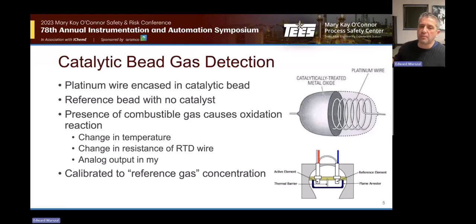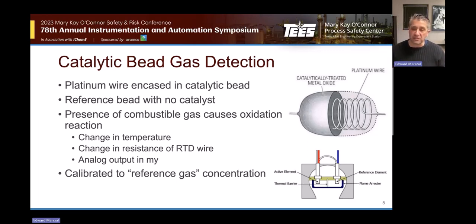And when you perform that oxidation reaction, all oxidation reactions of hydrocarbons and pretty much everything are going to be exothermic. So you're generating heat. Even trace amounts of gas going through the cell that has the catalytic bead in it will be oxidized and the temperature will increase.